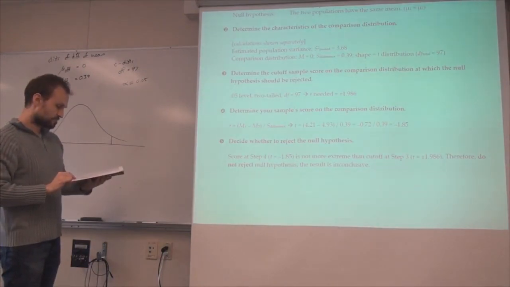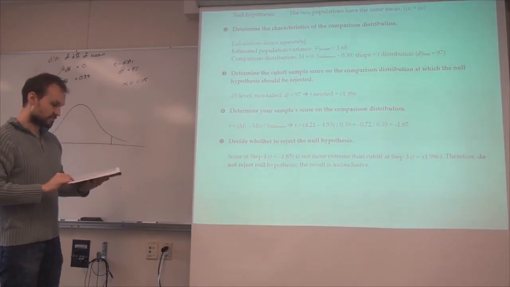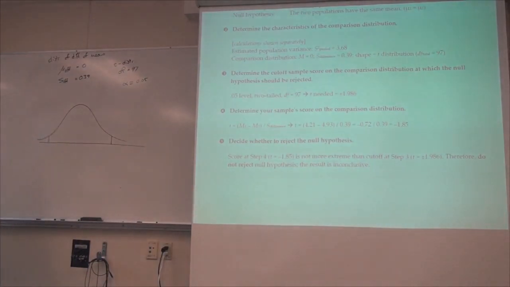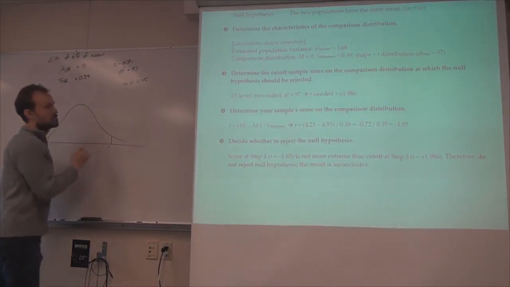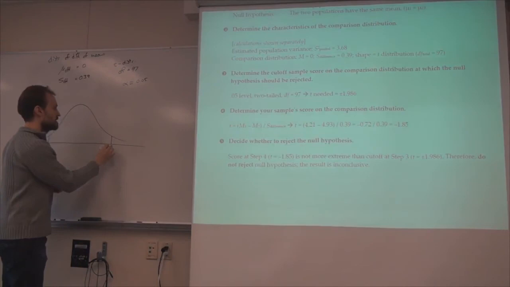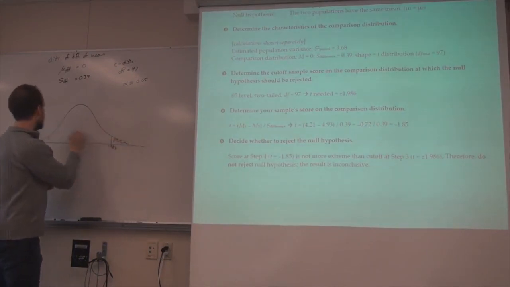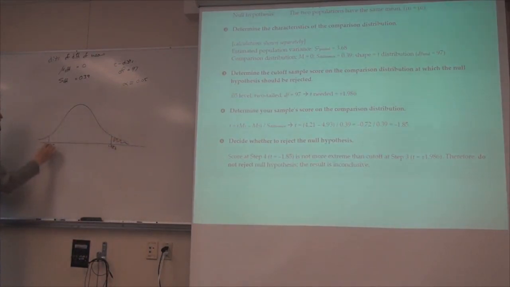What do? They choose the 95, which I suppose is the closer one. 1.986. Negative 1.986.